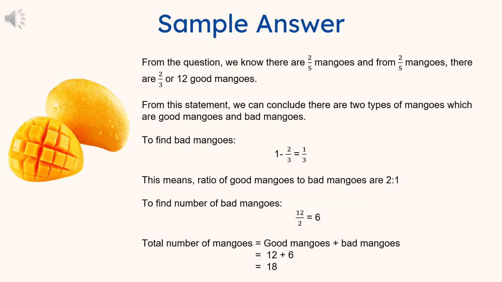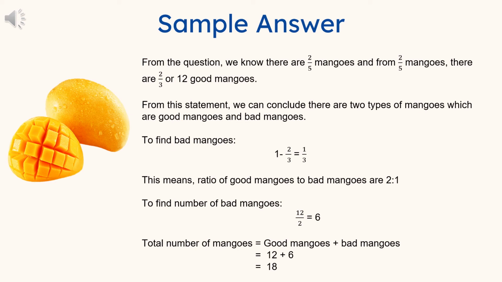So, 1 minus 2/3 good mangoes. Students will get 1/3 bad mangoes. This means the ratio of good mangoes to bad mangoes is 2 to 1. To find the number of bad mangoes, 12 divided by 2. So the number of bad mangoes is 6.